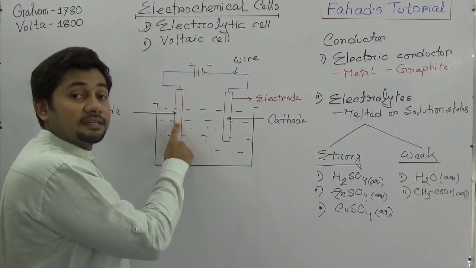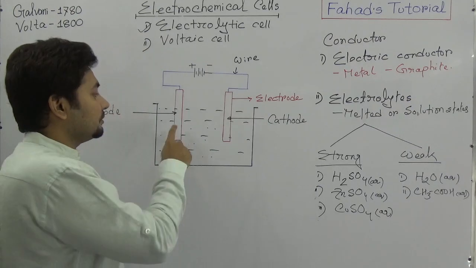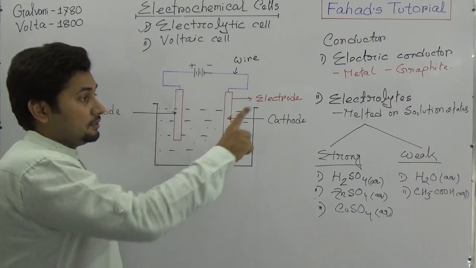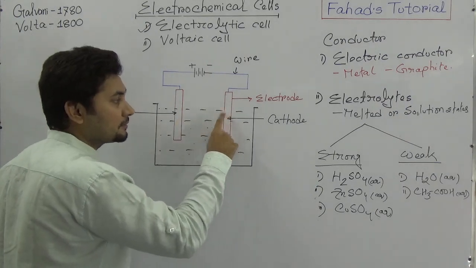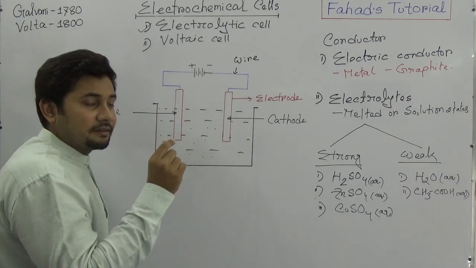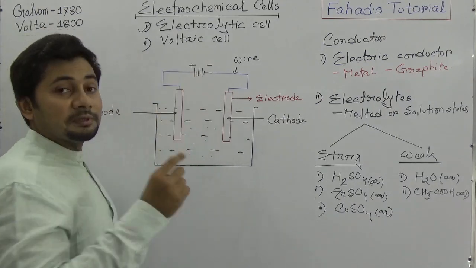But these are electric rods or metal rods, so electricity can pass through them, and that is why they are electric conductors. So this is the anode and this is the cathode. What will happen when this battery will perform? The electric source will perform.